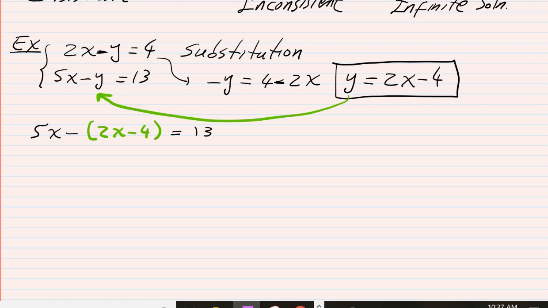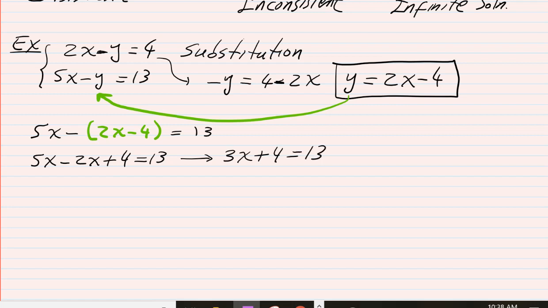Then we remove parentheses, so this is 5x minus 2x plus 4, distributing the negative to both 2x and negative 4, equal to 13. Next, combine like terms: 5x minus 2x makes 3x plus 4 equals 13.